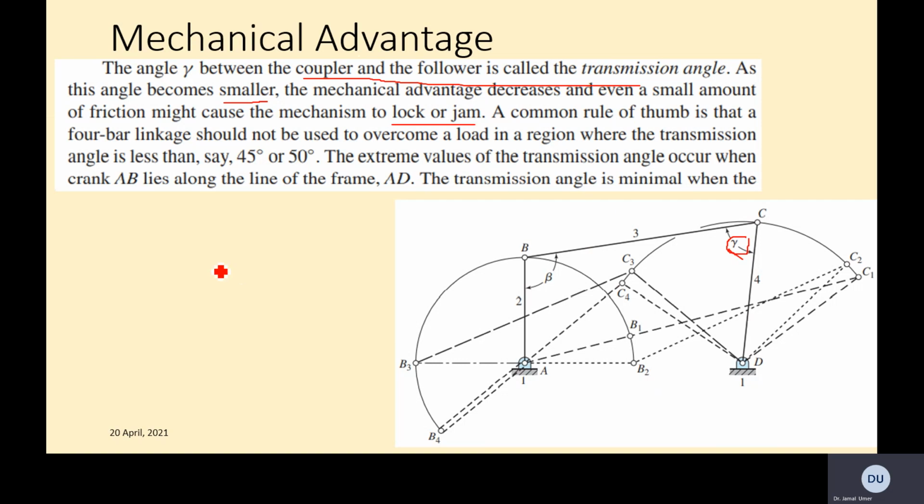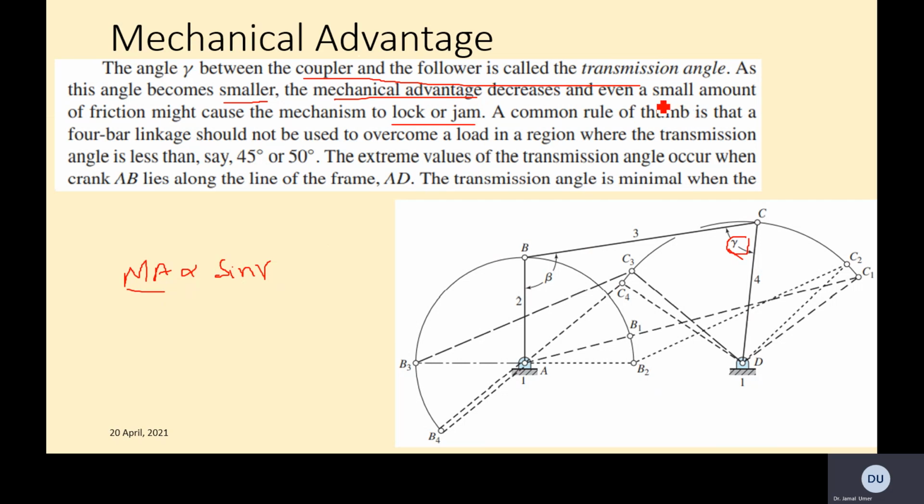You can think about it because mechanical advantage is directly proportional to sine of gamma. As this angle becomes smaller and smaller, approaching 0 for example, the mechanical advantage really reduces, because both are directly proportional.